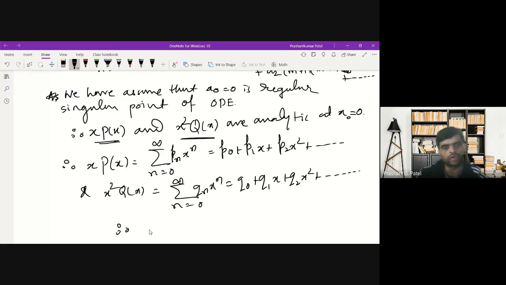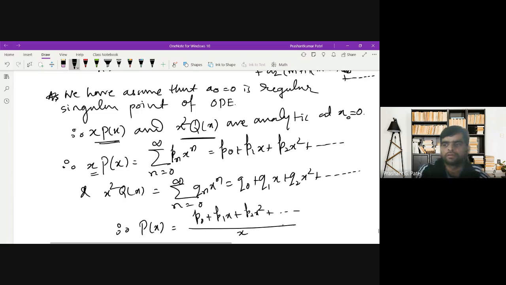So what is p of x? We can write p of x as p0 plus p1x plus p2x square and so on, upon x. I can divide both sides by that x and we have this. Q of x also we can write in the same manner.